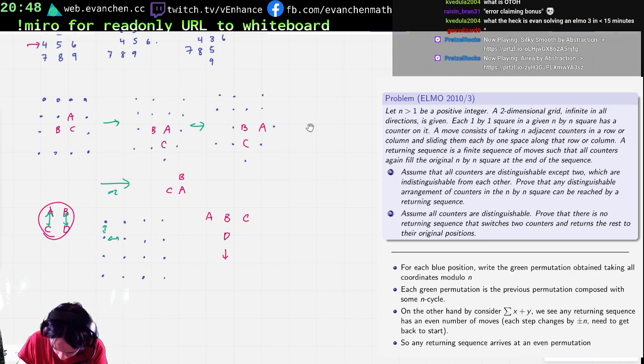So I can do B, D, A, C, and then I can do D, B. Yeah, this should be it. So that means I'm also able to move these. So I can put down pairs of transpositions between any two quote-unquote consecutive elements. Okay, so this will do it. That should be fine.